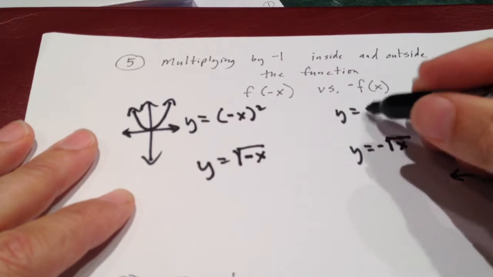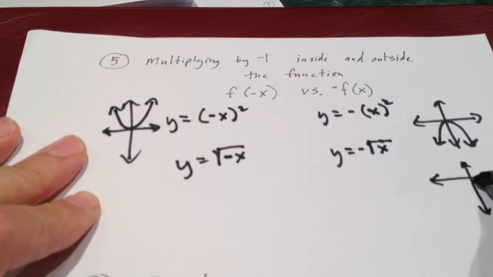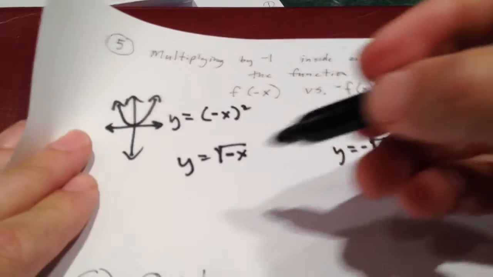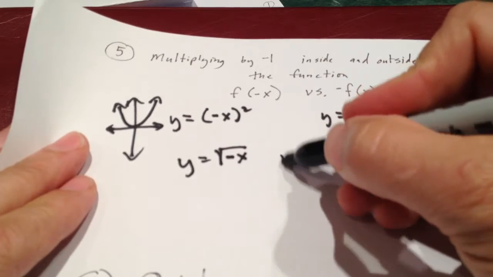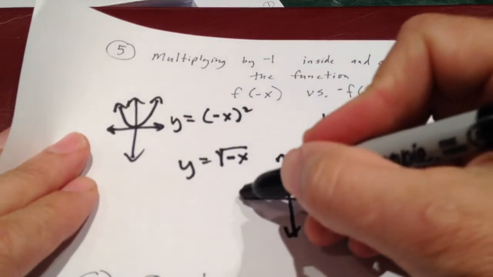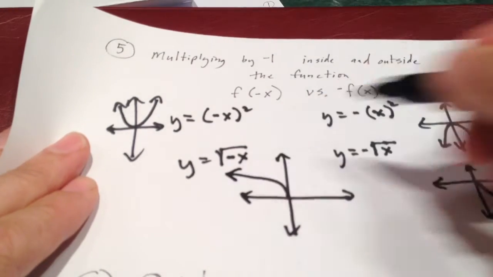So it's helpful if you know this rule, this will help you remember this because this is going to do something different. So that actually just flips that guy upside down like that. Looks essentially like that. Now if I can get it in the screen. This one over here becomes more apparent what it does. When I do this here, what it actually does is it flips it this way.